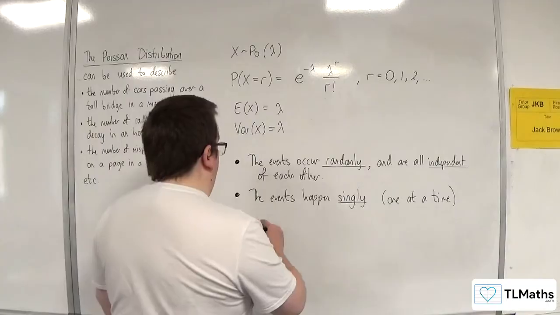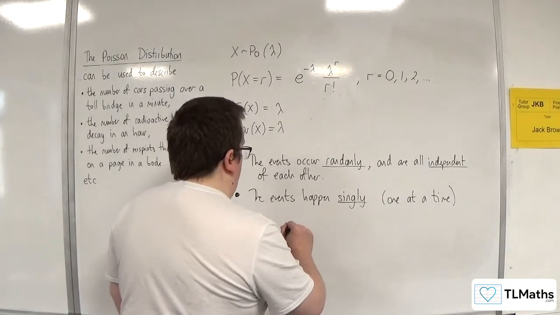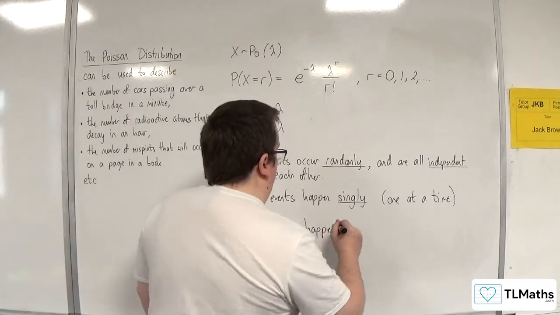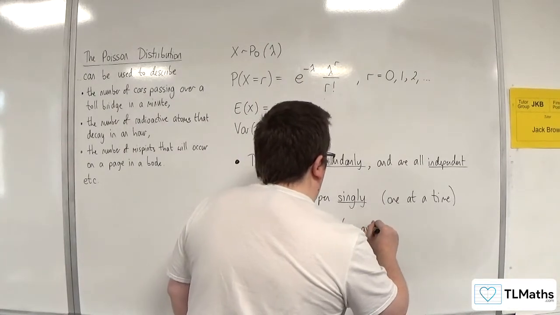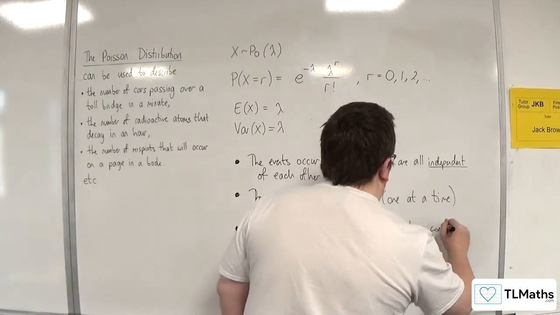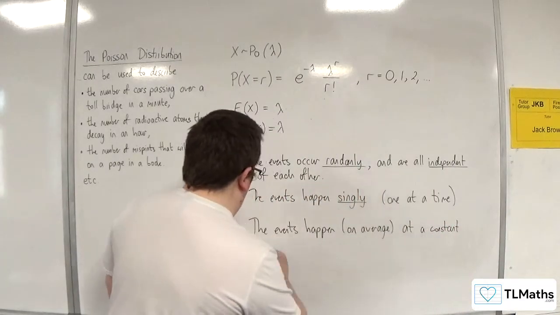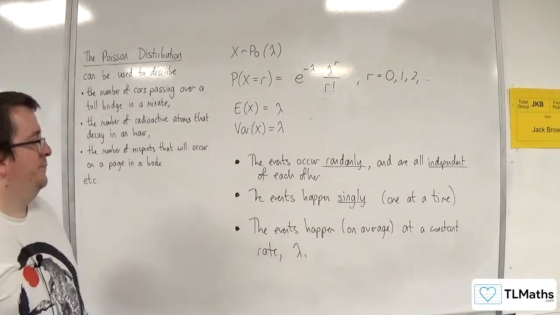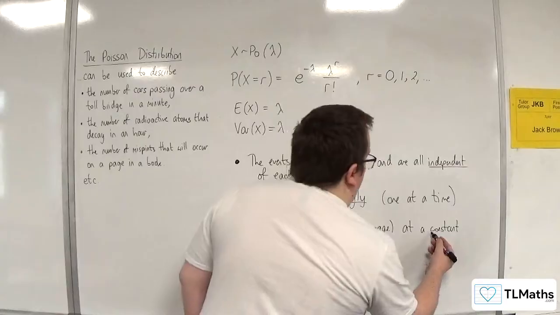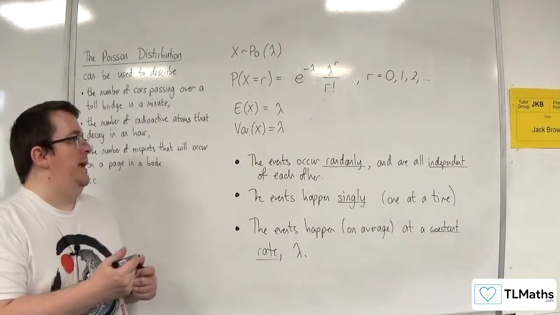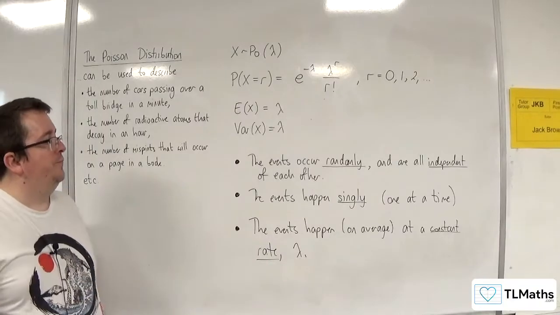And finally, the events happen on average at a constant rate. And that's your lambda. So you must have this constant rate lambda in order for it to be a Poisson distribution.